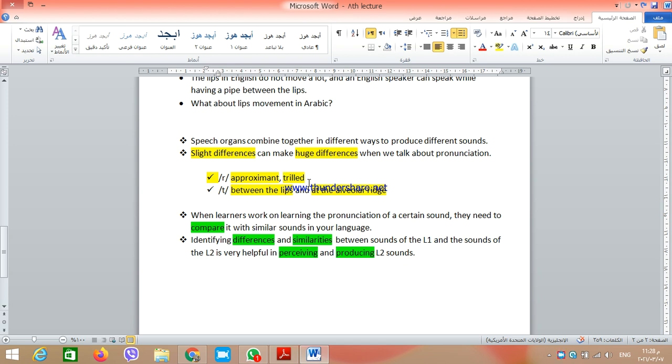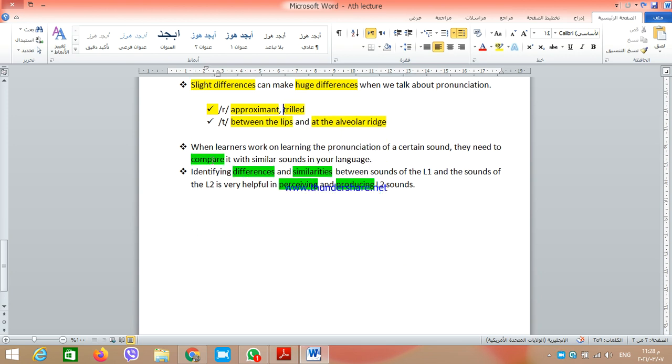To correctly pronounce the ta in an English-like way, make the tip of your tongue in contact with the alveolar ridge. It's not between the lips. The tip of the tongue should be in contact with the alveolar ridge.